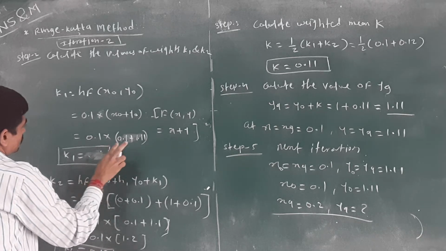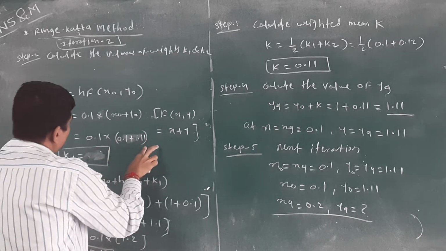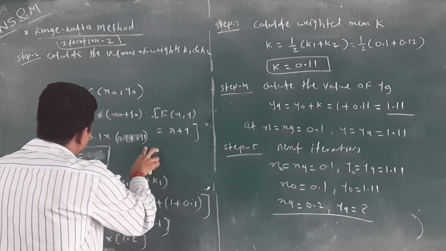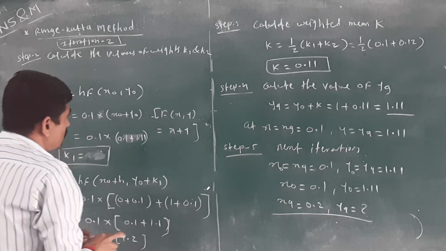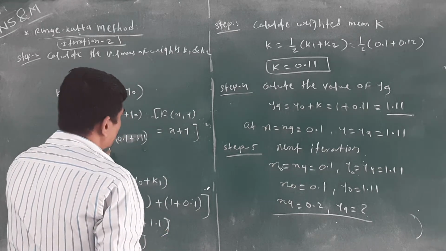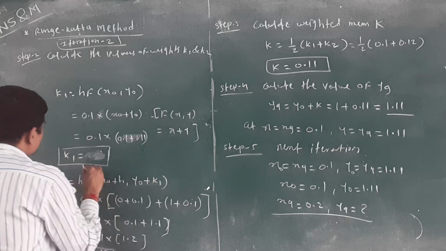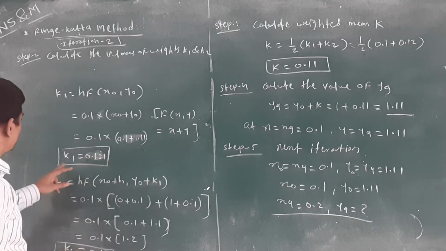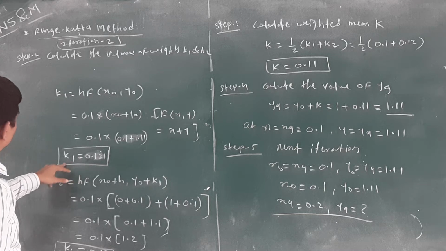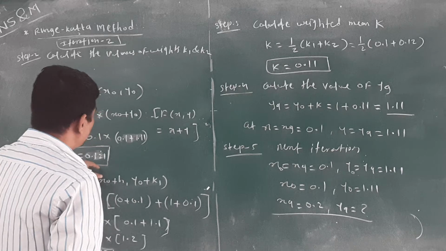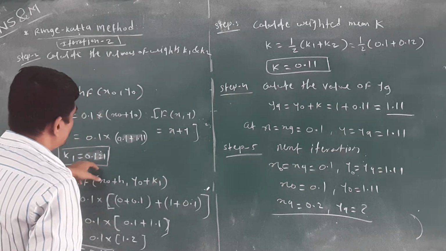Let's change that. 0.1 plus 1.11, you will get 1.21. Okay, 1.21 into 0.1, you will get 0.121. Okay, new K1 value, you will get 0.121. And in a similar way we want to calculate the K2 value.